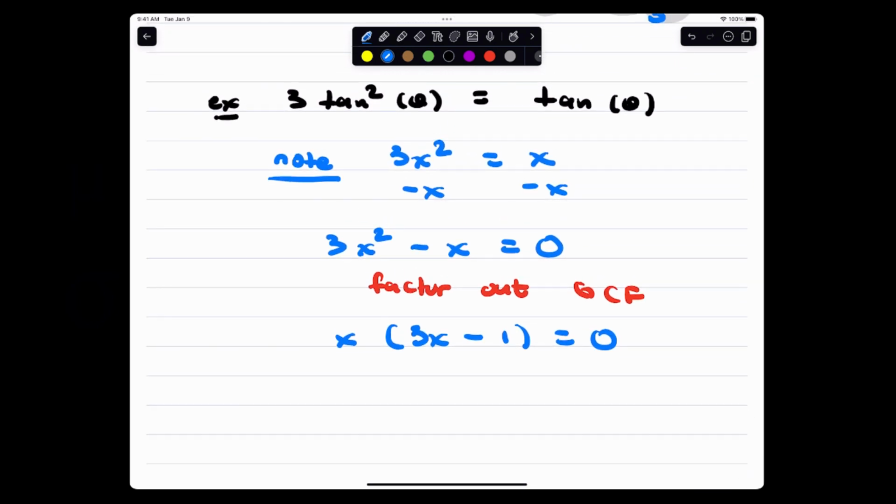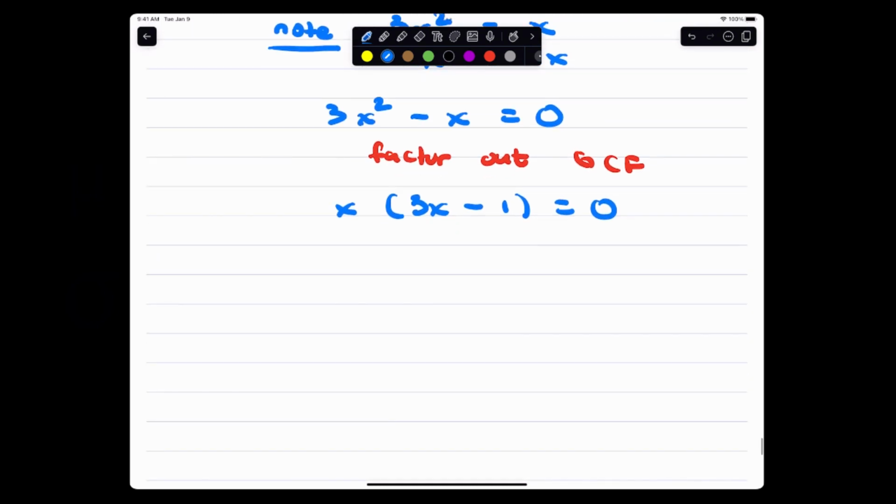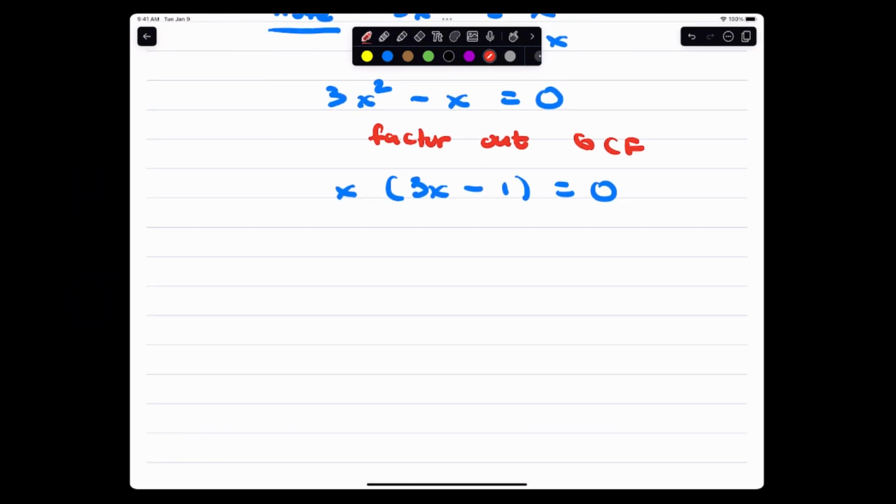And what did you guys do back in the day? You had to use what was called the zero product rule.